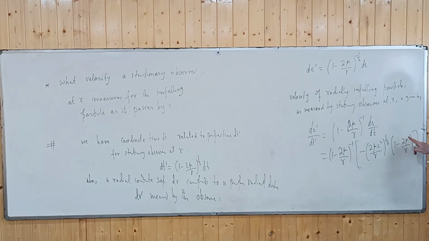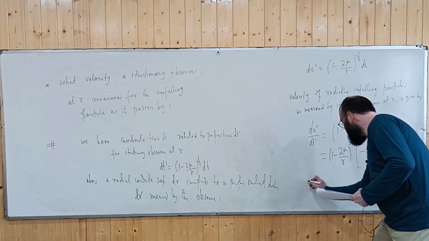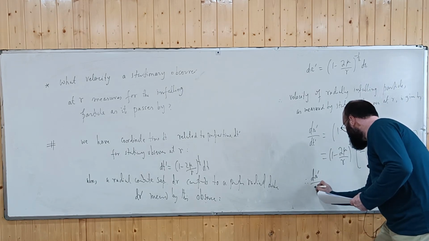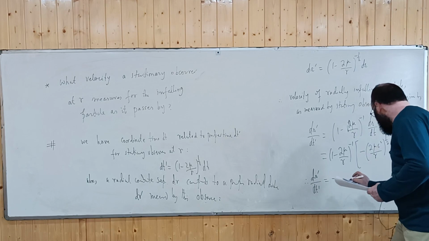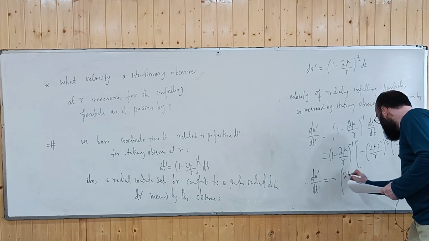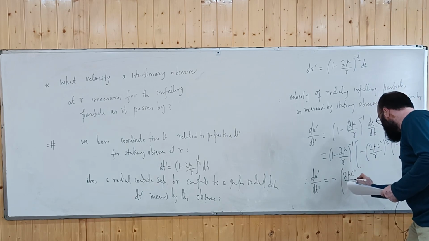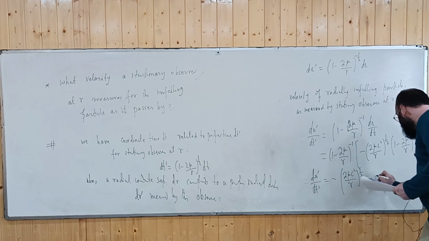This is raised to the power 1 and this to the power minus 1, so they add to 1. So much over. Clear? So our dr by dt prime is equal to minus (2 mu c squared by r) raised to the power half. This is valid only for what?